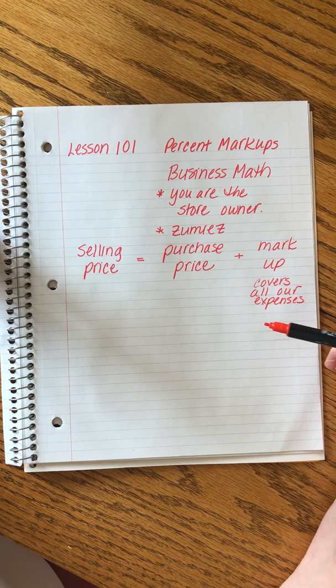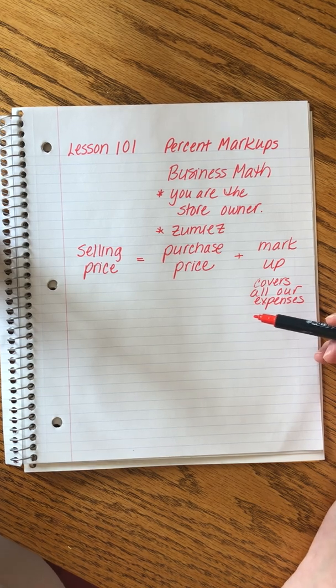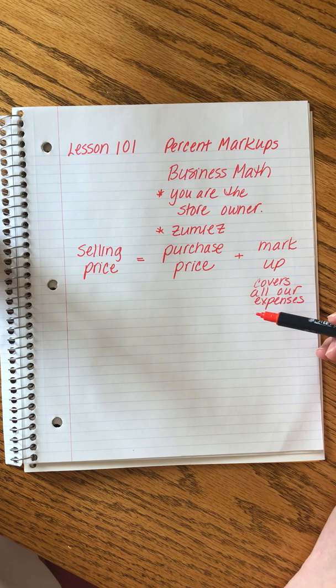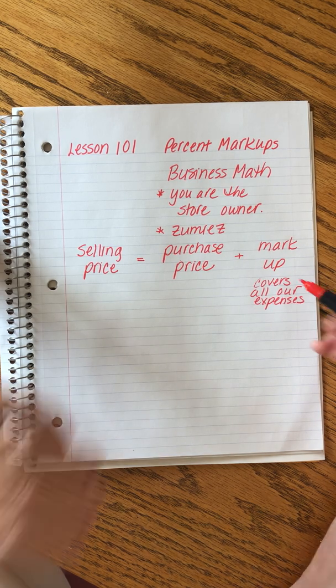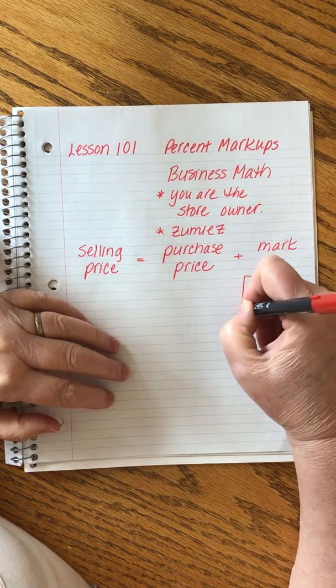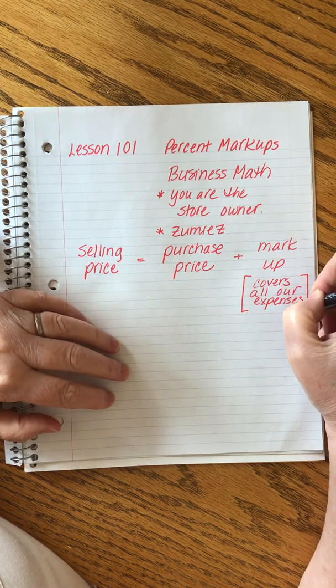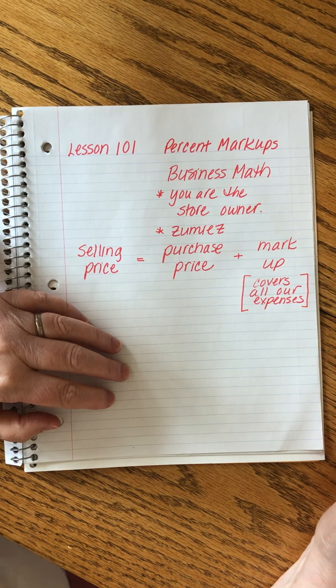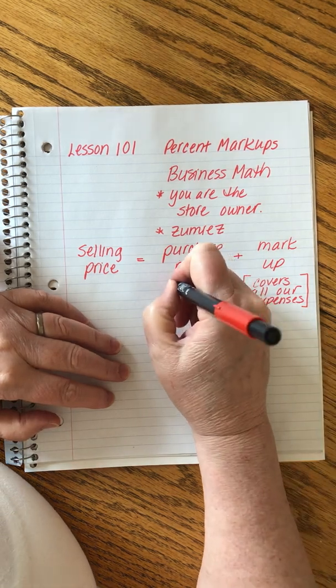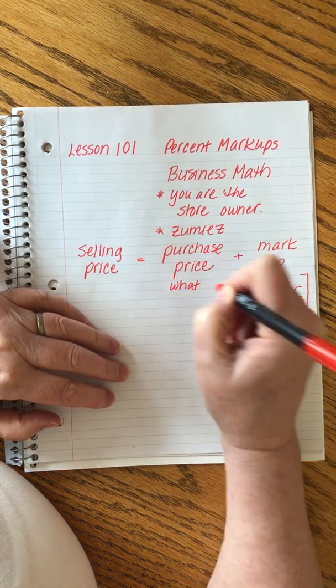We have to pay the utilities, right, to keep the lights on in our store. We have to pay the mall to rent our store. We have to pay for insurance so that if our customers poke their eyes out with one of our hangers, we're covered, right? The markup is where we have to make sure we get all of our expenses paid. This is what we pay.